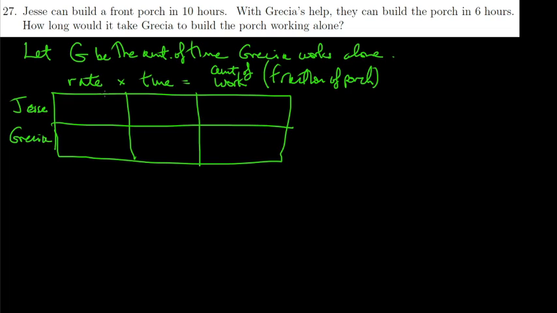So the rate for Jesse, well, Jesse can build the entire porch alone in 10 hours. So in 1 hour, Jesse builds 1/10 of the porch. The amount of time, well, we don't know that yet.